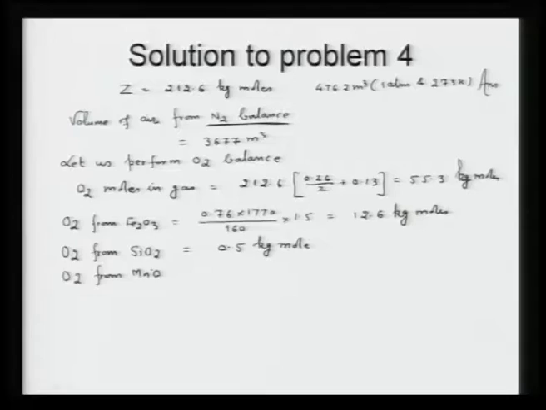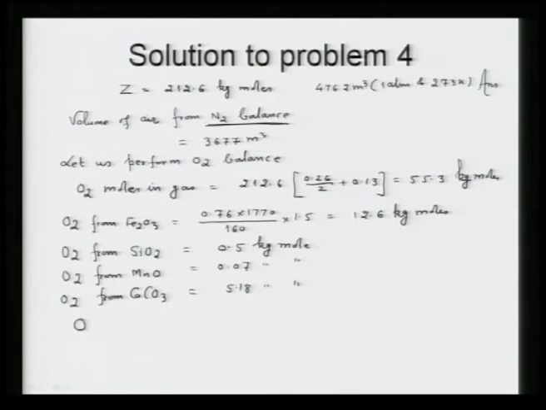So, oxygen from MnO reduction is 0.07 kg mole. Then O2 from CaCO3 is straight away 5.18 kg mole.